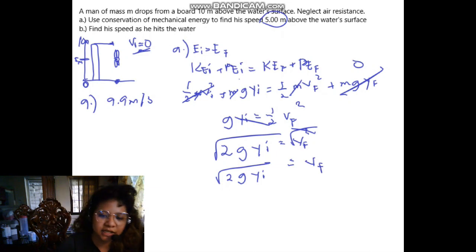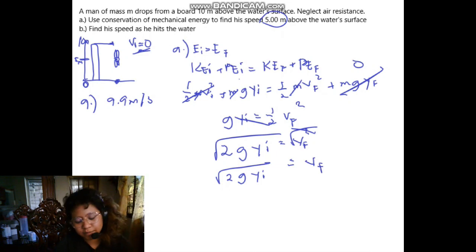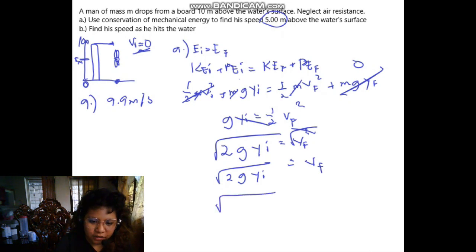This is the formula we will use, and we simply plug in the values: the square root of 2 multiplied by 9.81 meters per second squared, and our initial position, 10 meters.